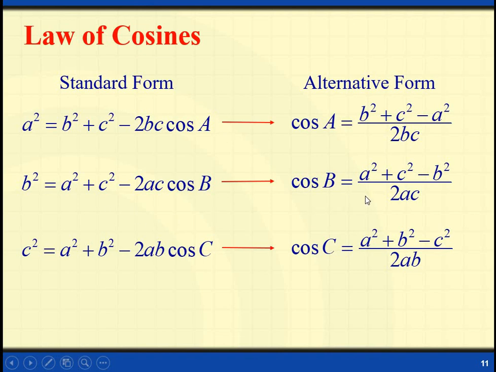So that is cosine B, that is AC, that is B squared. So this is now a summary of the law of cosines. Again, once you remember this one formula, you won't get lost because this pattern will be followed here, and these formulas are just manipulations of the first formula.